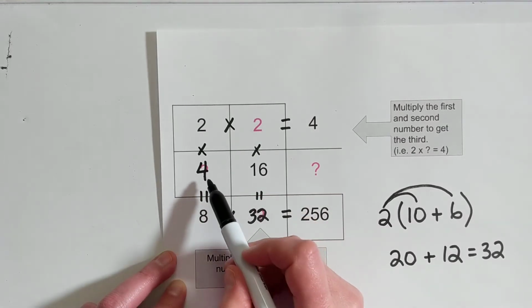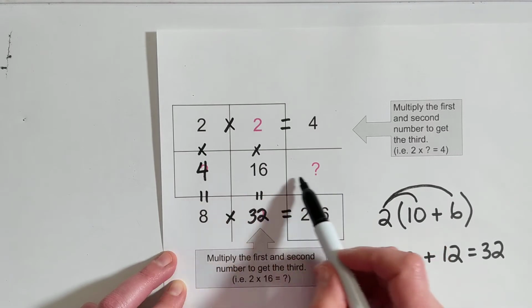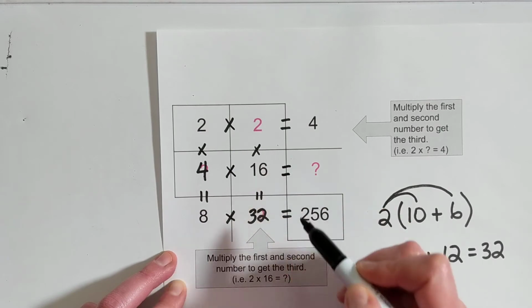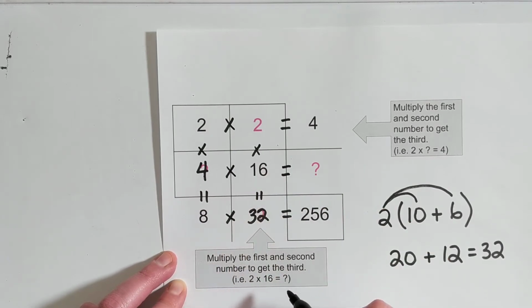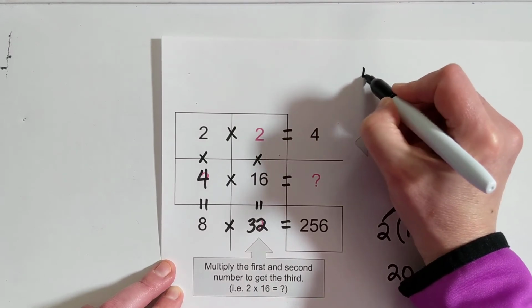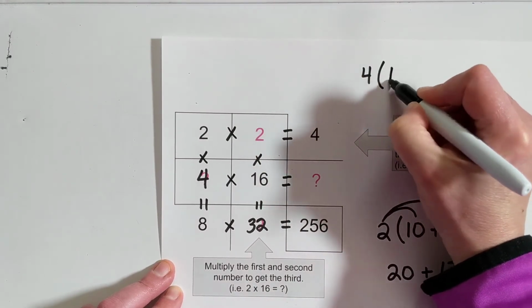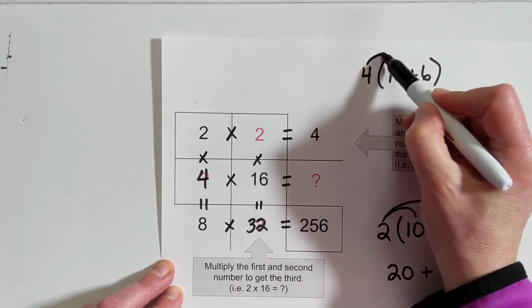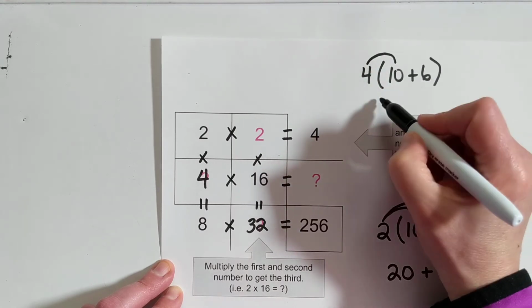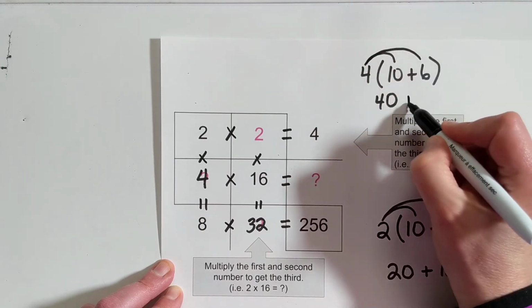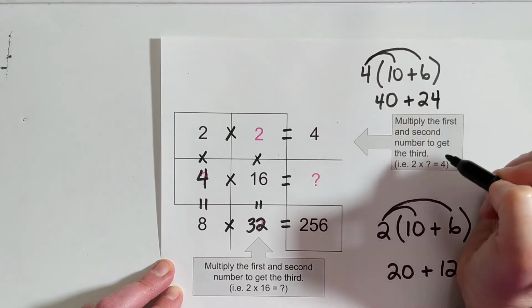Okay, so then the last one I can solve is here. So 4 times 16 equals, now let's say I don't know what that is. So I'm going to go up here and write 4 times 10 plus 6, because I know 4 times 10 is 40, and 4 times 6 is 24.